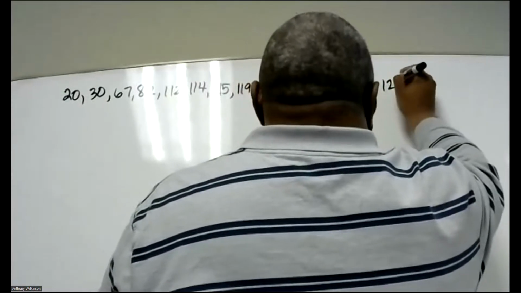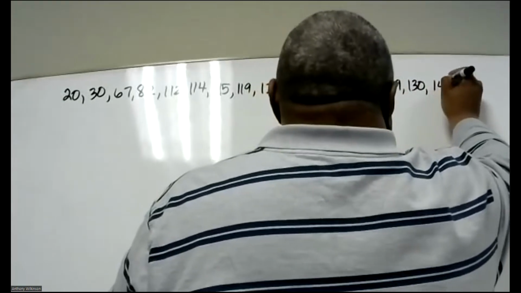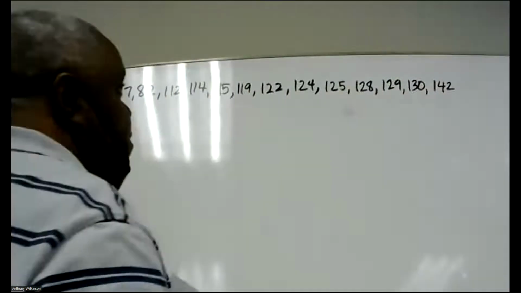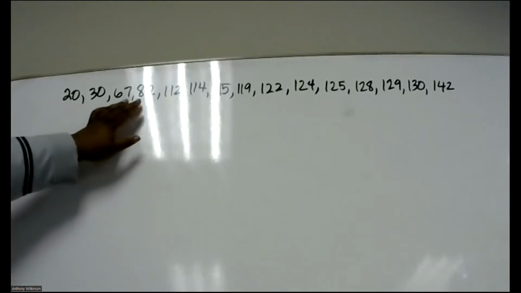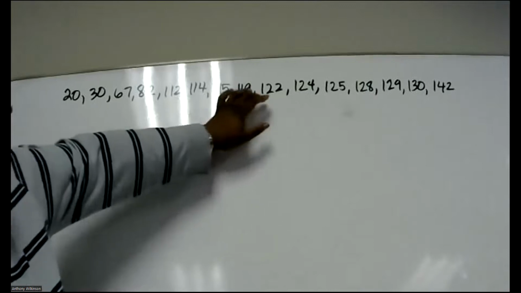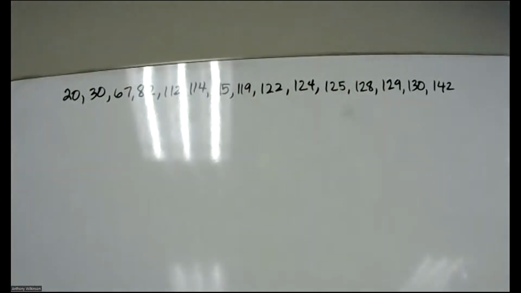129, 130, and 142. And I realize that is a whole lot of numbers here. Let's say we want to draw an outlier box plot for this data set. All right, let's see here. We got 1, 2, 3, 4, 5, 6, 7, 8, 9, 10, 11, 12, 13, 14, 15. So here we got 15 data values.